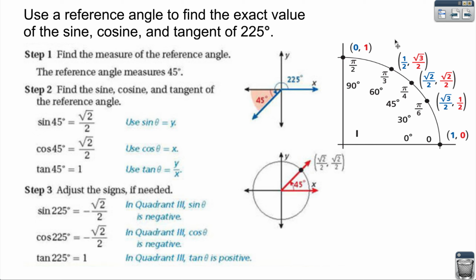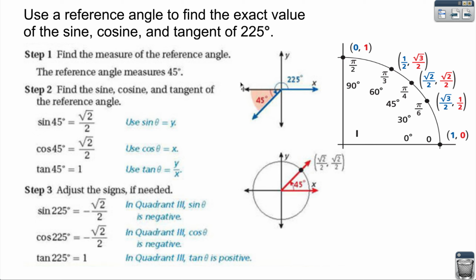Okay, so use a reference angle to find the exact value of the sine, cosine, and tangent function of a 225-degree measurement. All right, so let's look at that. First, find the measure of the reference angle. Illustrating, you'll find out that 225 degrees has a terminal side in the third quadrant. When you have a discussion about reference angles, we bring up the question of, how wide is the opening from the x-axis?